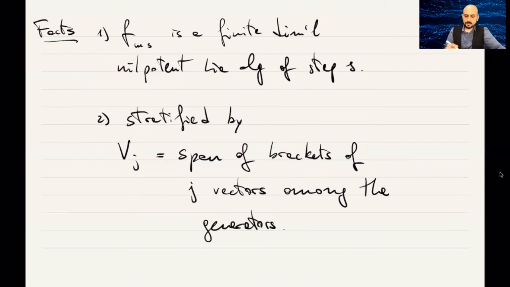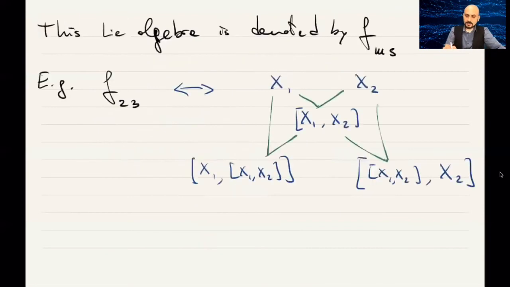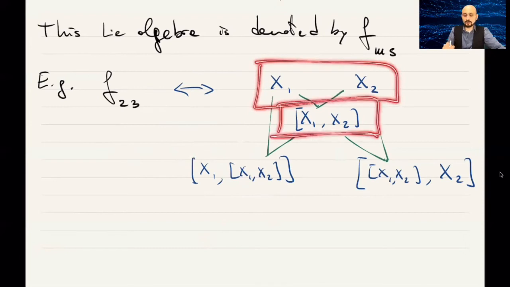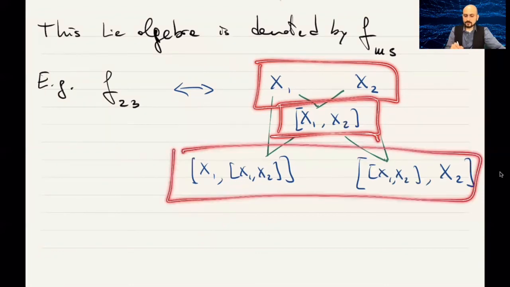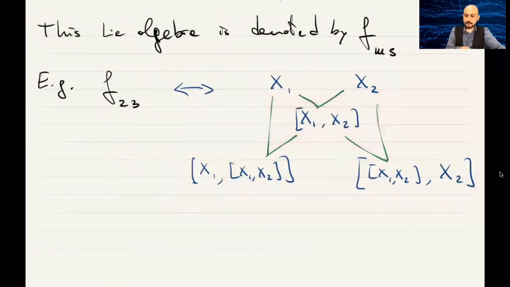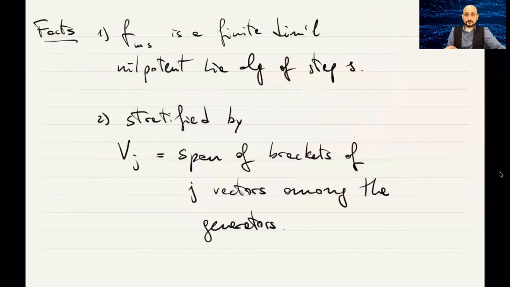So in the construction, we have the first vectors, which we call the generators. Then we have those of degree 2, which are brackets of 2 elements. Then we have those of degree 3, they come from brackets of something of degree 2 with something of degree 1, and so on. So free nilpotent algebras are stratified.